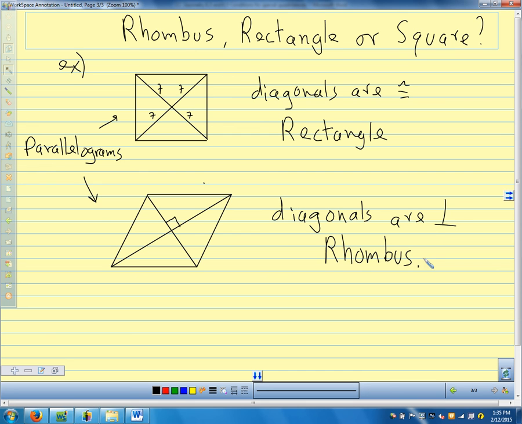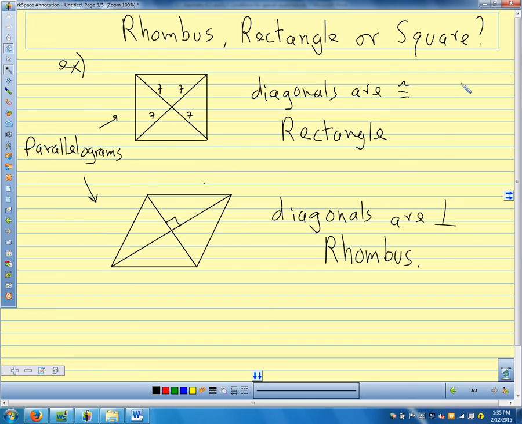We need to know the angles, right? It doesn't look like it, but if I said this angle is 90 degrees, then it would be a rectangle, and because the diagonals are perpendicular, it's a rhombus. So what shape's a rectangle and a rhombus? Square. Then it would be a square.